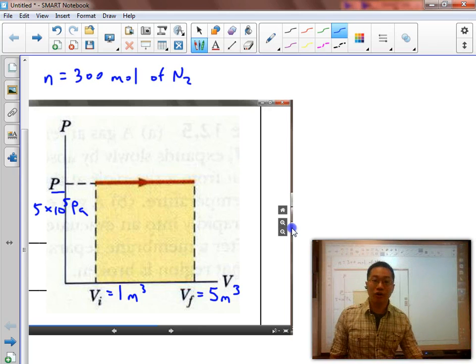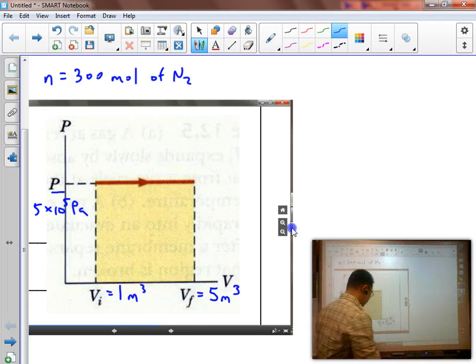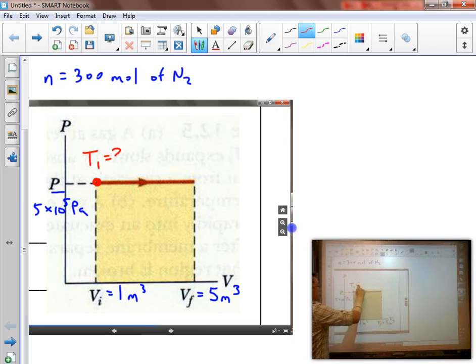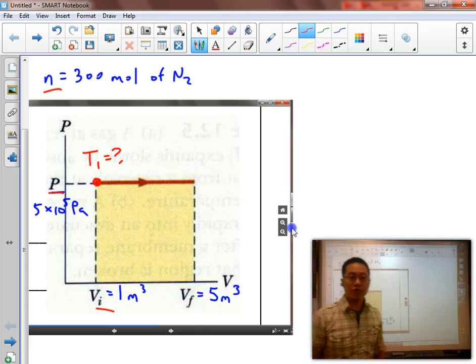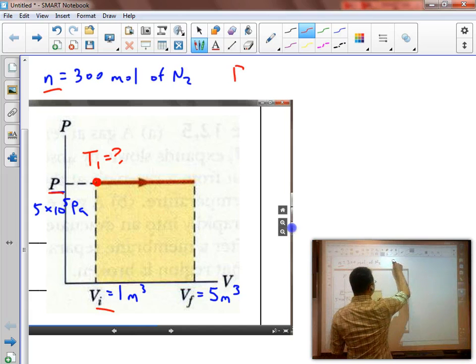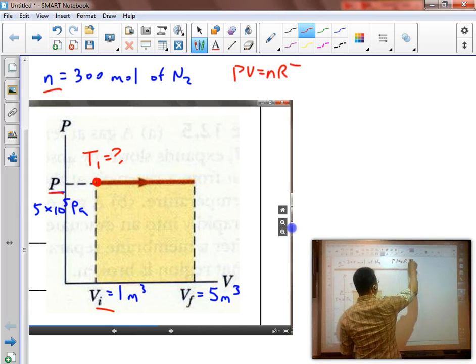And what can we ultimately solve for? Well, if I want to solve for the initial temperature at that location, knowing the initial volume, knowing the pressure, knowing the number of moles, it's very straightforward to end up using PV equals nRT.